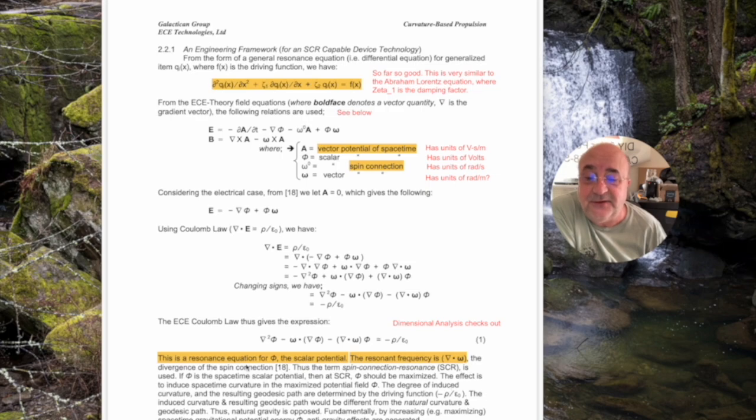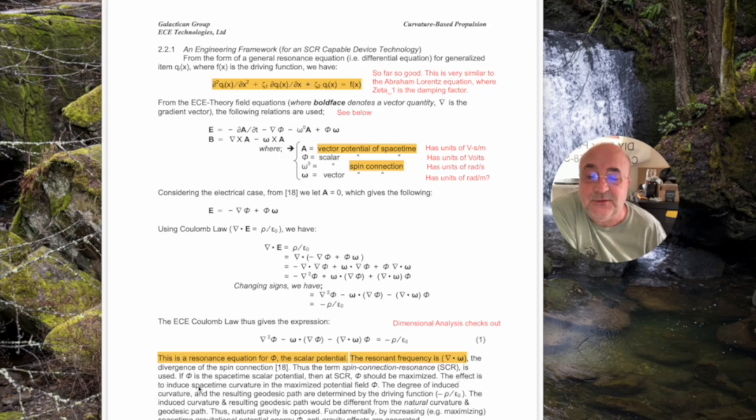He says the divergence of the spin connection, which is what it is, this term spin connection resonance is used. If phi is the space-time scalar potential, then at spin connection resonance, phi should be maximized. Is there any reason for that? He doesn't give one.